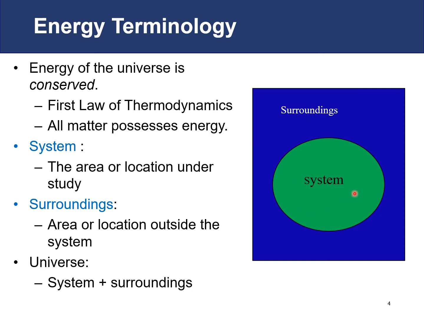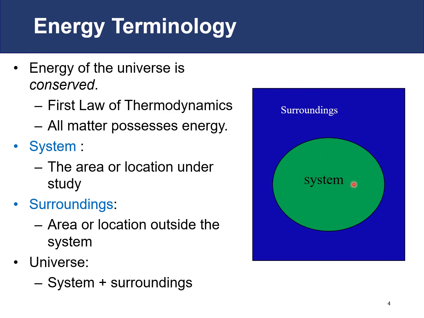The energy from the system can be transferred into the surroundings. The surroundings would be everything that is not the system. Often we will be looking at the area immediately outside of the system, but as we will see in later chapters, the surroundings can actually have a wider definition than just the immediate outside of the system.